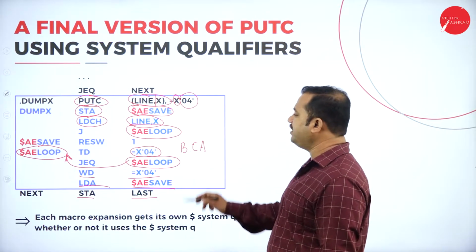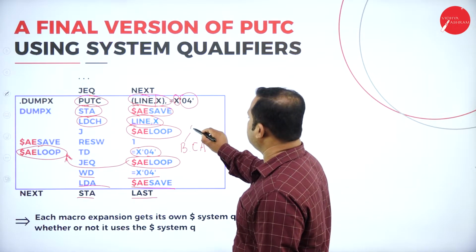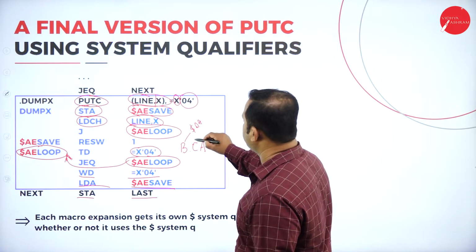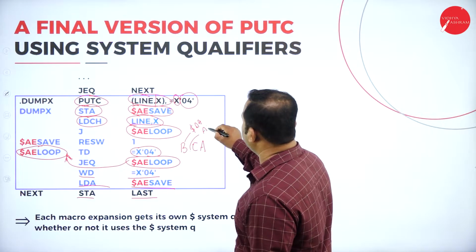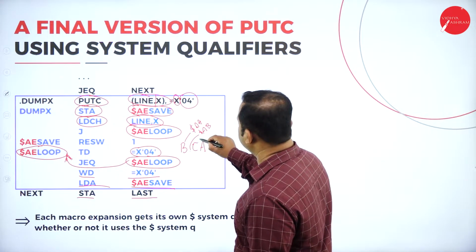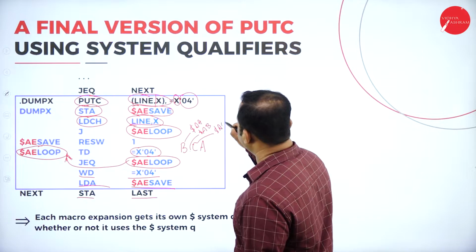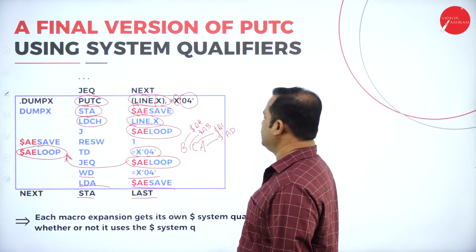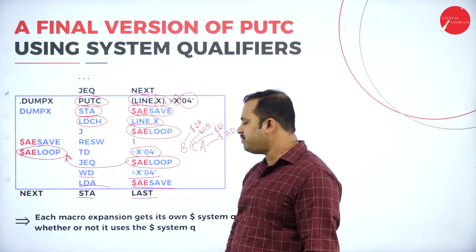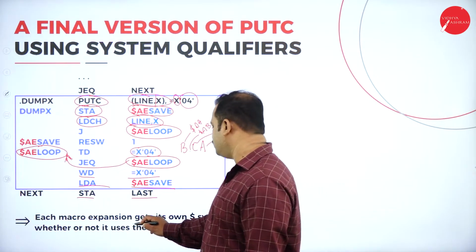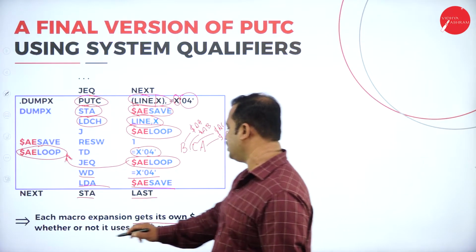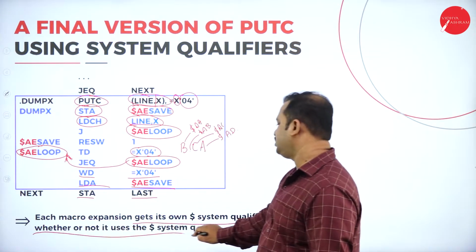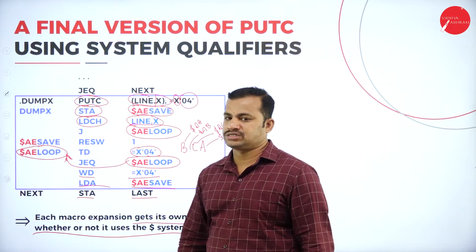So we have identified this with $AA, this with $AB, this with $AC, this with $AD. Now we have the expanded version of the macro, which gets its own system qualifiers, whether or not it uses the dollar system.